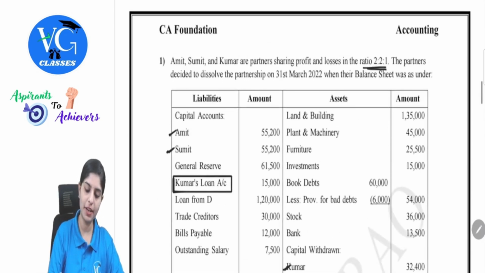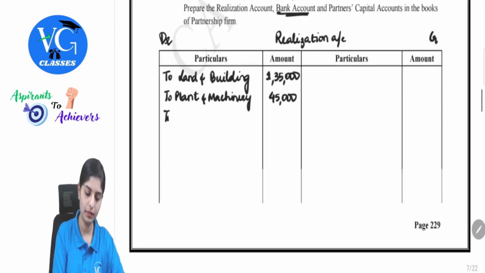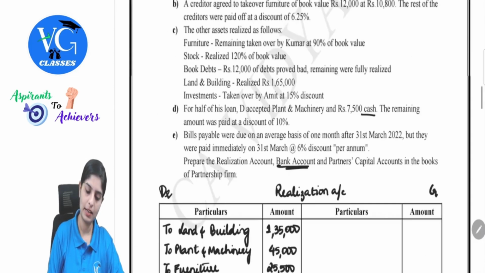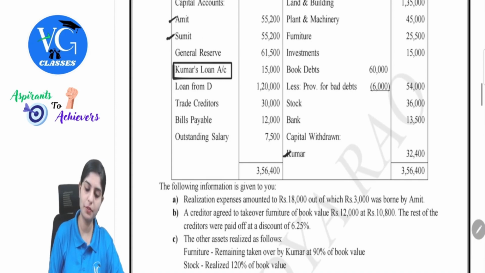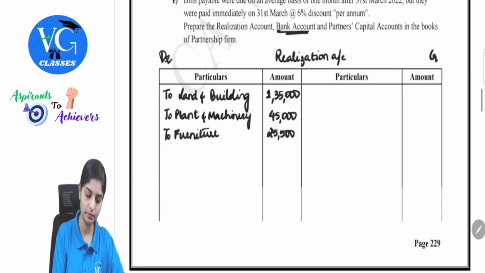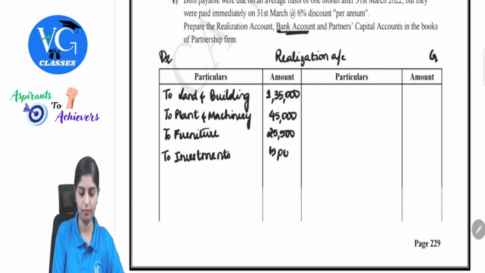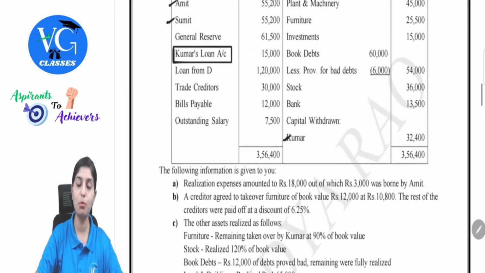Later furniture 25,500. Then we have investments 15,000. Then we have book debts. Understand, we have to transfer only gross value. So we have to be very careful here.